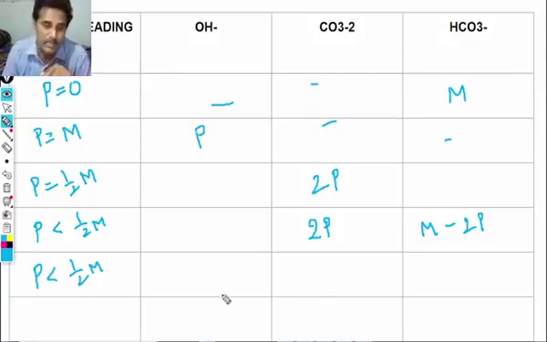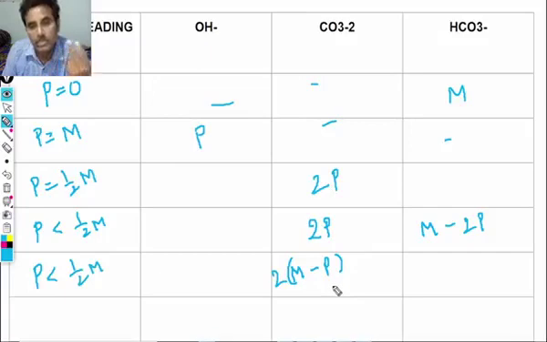That means M minus P will give half of the carbonates. Then 2 into (M minus P) will give the complete carbonates.